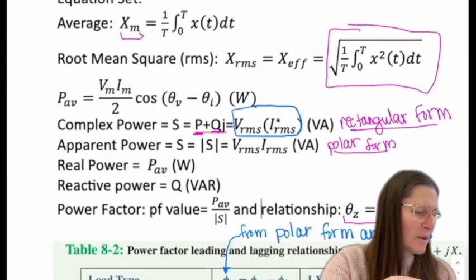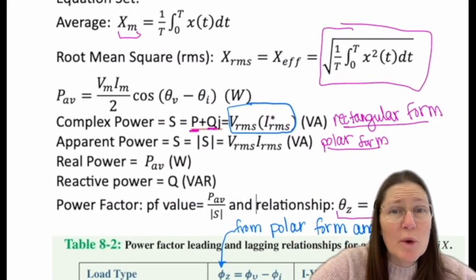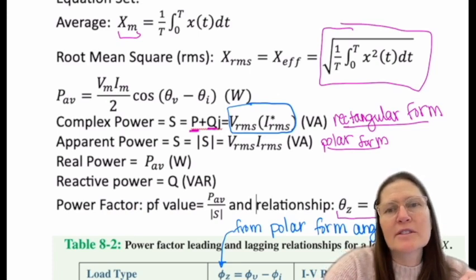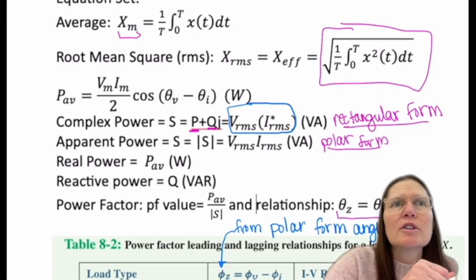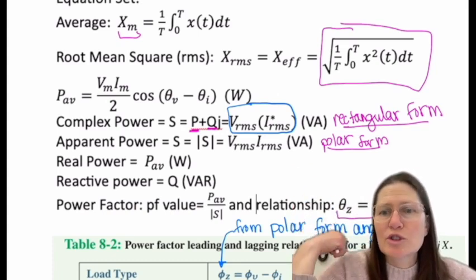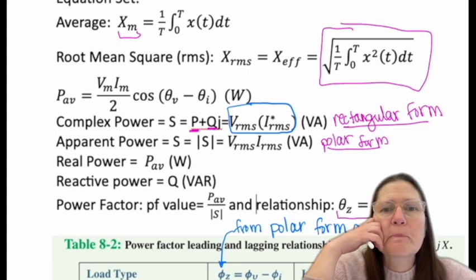Okay, so being able to calculate average power, root mean square, complex power, and understanding that the complex power is VRMS times the complex conjugate of IRMS. And our RMS value, remember, is the magnitude over the square root of 2 for a sinusoid, which is most of the forms that we're going to see.